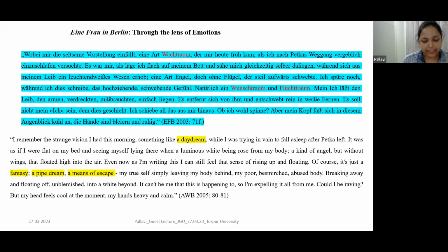Her emotions are internally focalized here. That is the speaker's emotion, the first person narrator's emotion. And she tries to separate her I from the body, from the reality, from the existence of an experience of sexual violence. And the adjectives towards the end, for instance cool, heavy, and calm, are the emotion words that articulate her feelings.